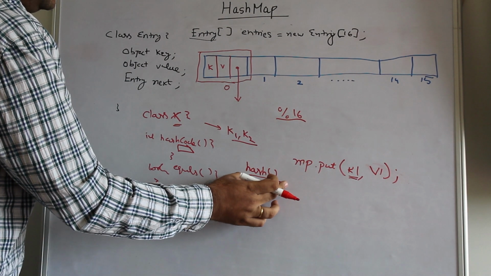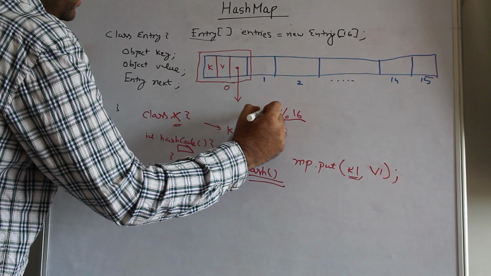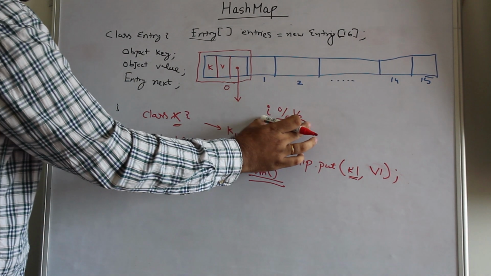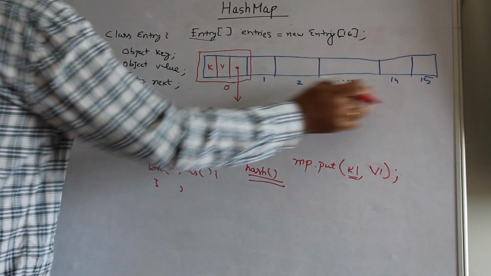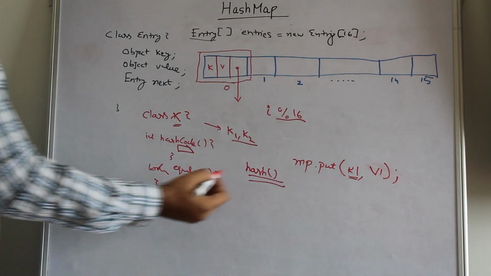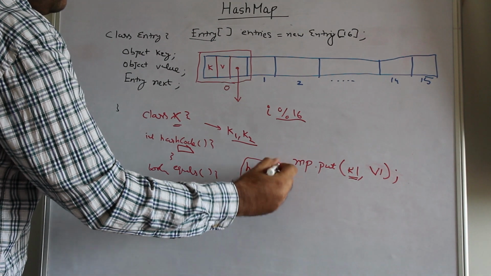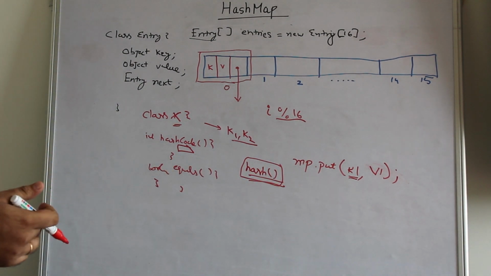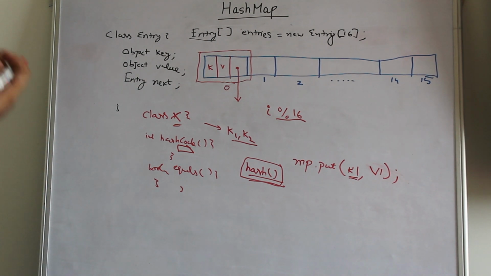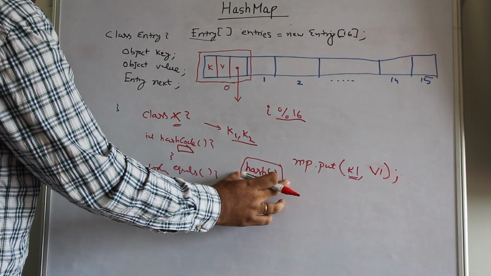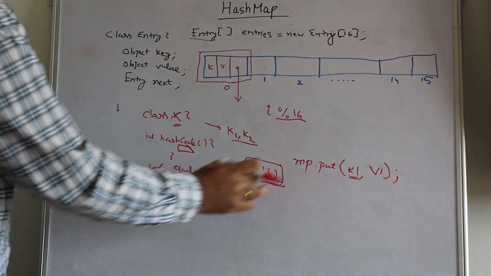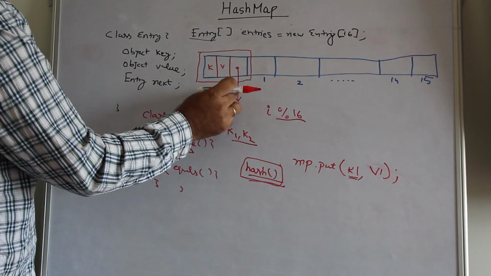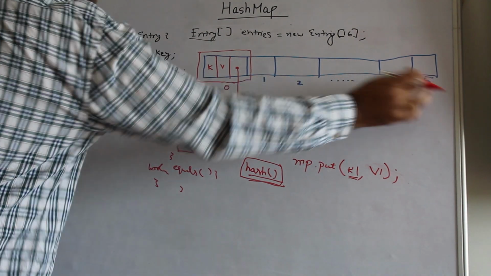For any integer, when I say modulo 16, it will give me a result between 0 and 15, right? But hash map has implemented it differently. We are not going to discuss the details of that hash function, how it is implemented. But the purpose of this function is to return a value which will be between 0 and 15.